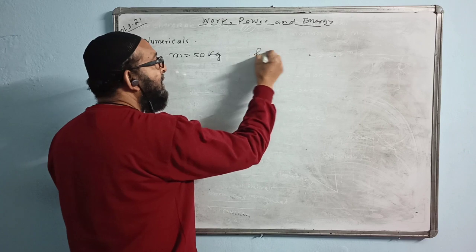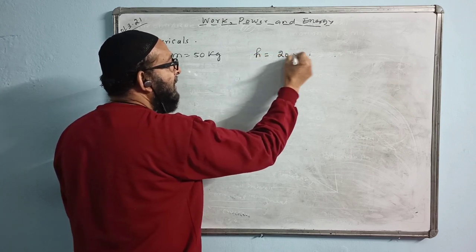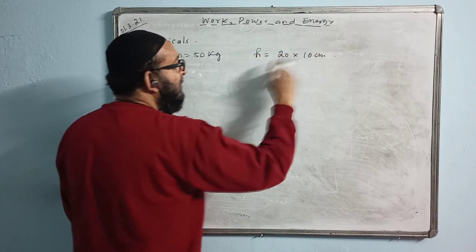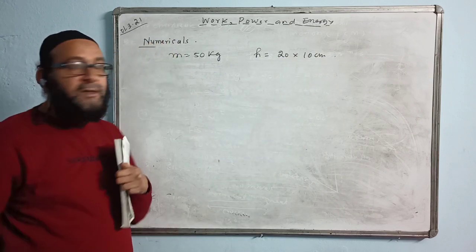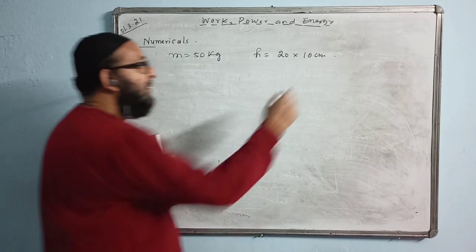That is, total height is 20 steps and each one is 10 centimeter high. This much height is climbed by the boy of mass 50 kg in 10 seconds.